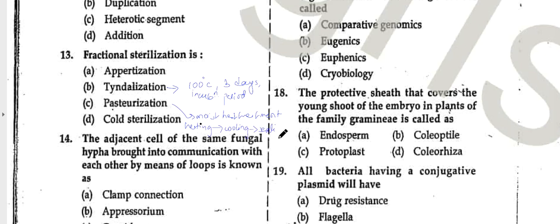This kills the microorganisms present in milk. Now, heating in tyndallization is at 100 degrees centigrade, but heating in pasteurization is either at 63 degrees centigrade or 72 degrees centigrade. At 63 degrees centigrade it is for 30 minutes, and at 72 degrees centigrade it is for around 15 to 20 minutes.